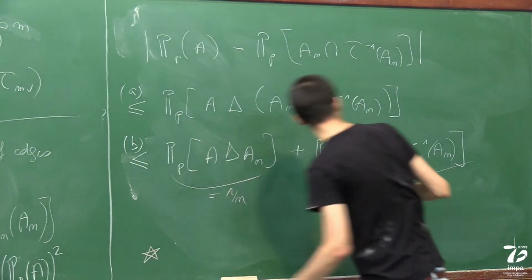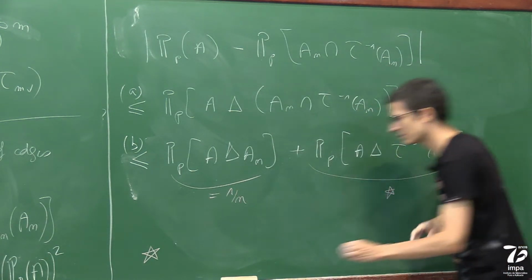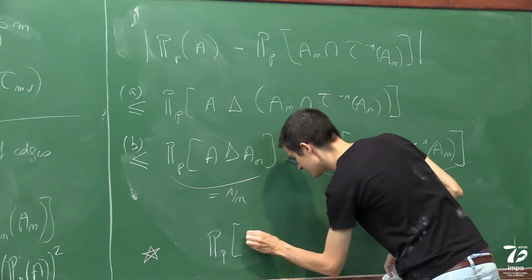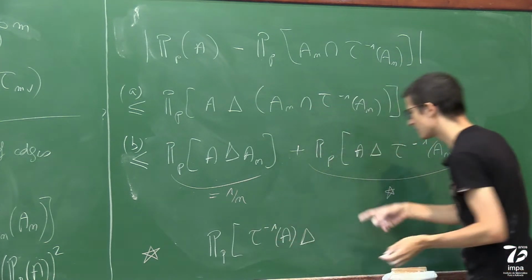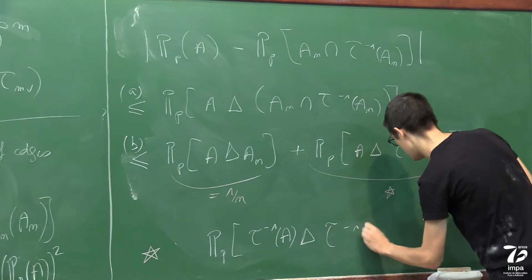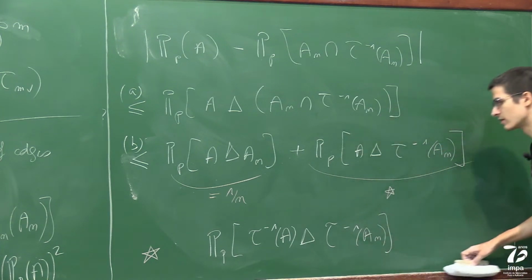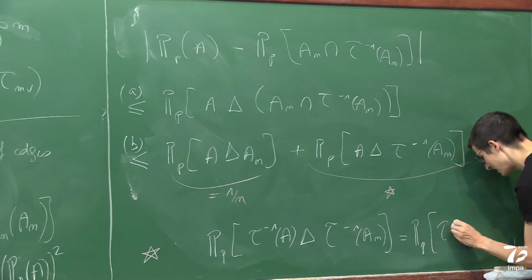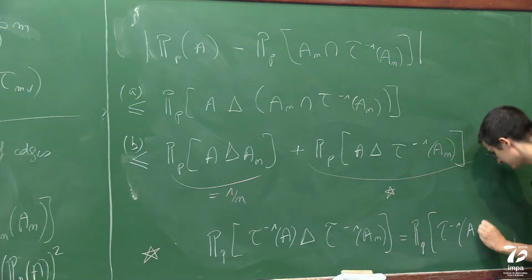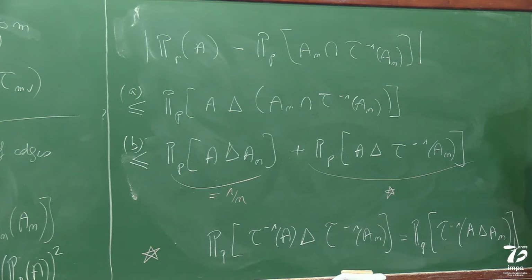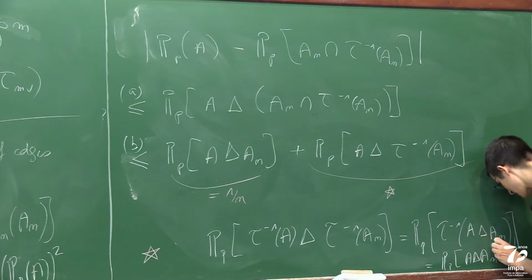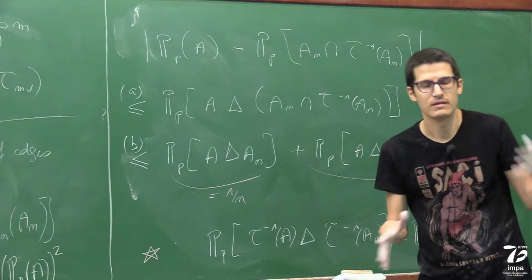But now I know that A is translation invariant for V, and also thus for multiples of V. So what I get, and this is the important part, is that A is equal to T minus 1 of A. Now I'm using C to say that this is just T minus 1 of A n, and now I'm using the fact that my probability is translation invariant to say that this is simply pp of A n. So this is also equal to 1 over n. This goes to 0.